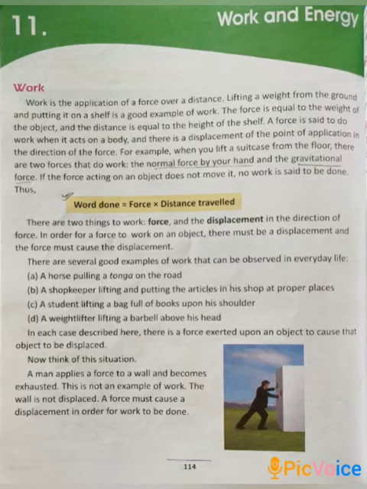They are the horse pulling a tonga on the road, a shopkeeper lifting and putting the articles in his shop at proper places, a student lifting a bag full of books upon his shoulder, a weightlifter lifting a barbell above his head. In each case described here, there is a force exerted upon an object to cause that object to be displaced.